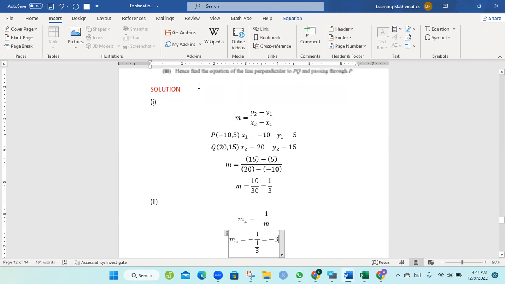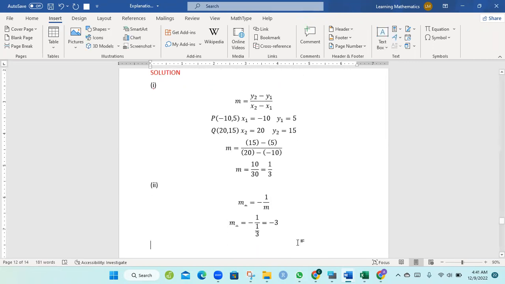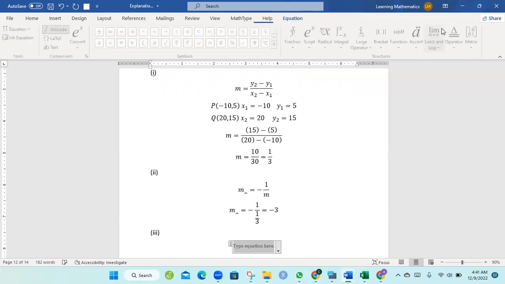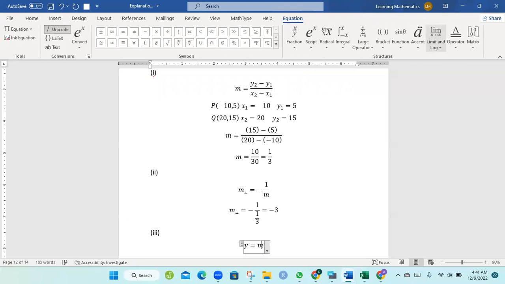Part 3 says, hence find the equation of the line perpendicular to PQ passing through point P. Now to find the equation of a line, first and foremost, we need to use the formula y is equal to mx plus c. We need a gradient.